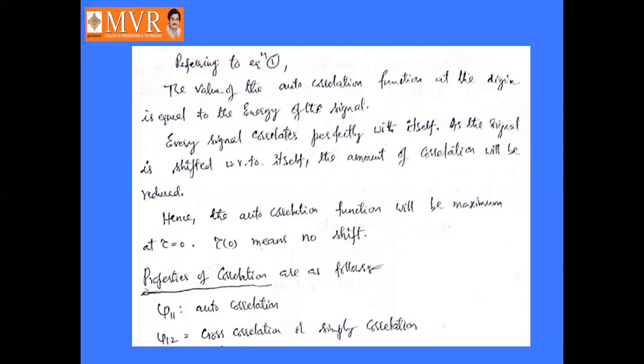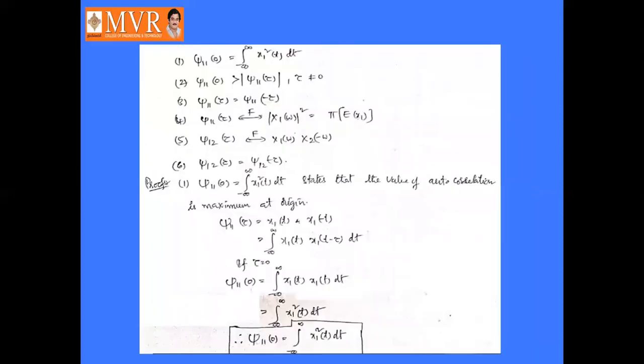Next, coming to the properties of correlation, which are as follows. Here we have to note the notations. J11 is autocorrelation, J12 is cross correlation, or simply correlation. So these are the properties of autocorrelation and cross correlation.